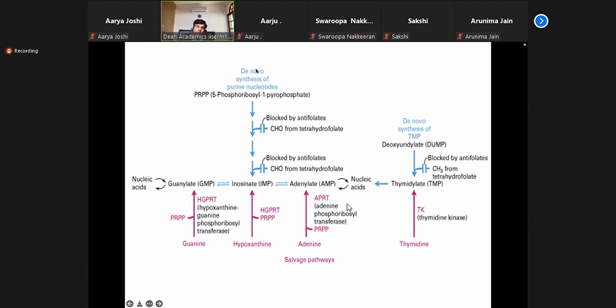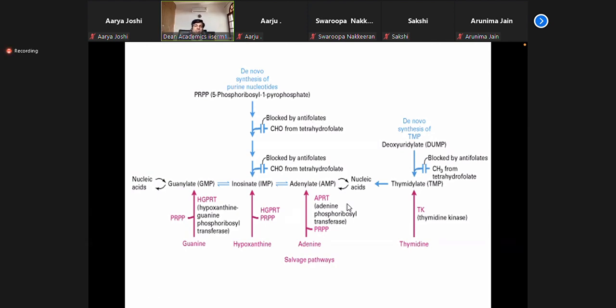So in the de novo synthesis pathway, the precursor is 5-phosphoribosyl 1-pyrophosphate. Now this enzyme is blocked by the aminopterin that you're using.